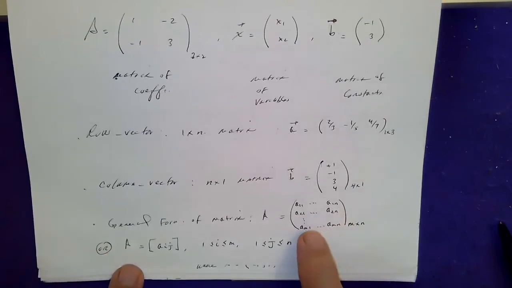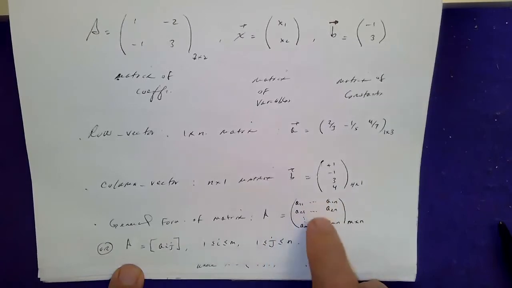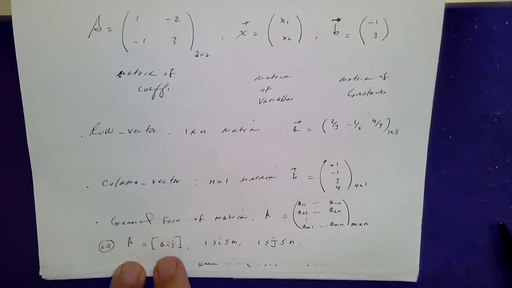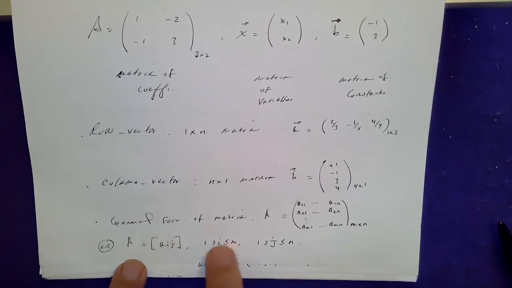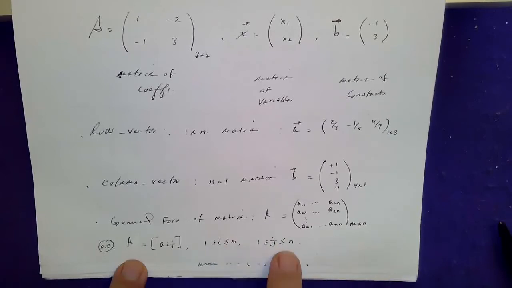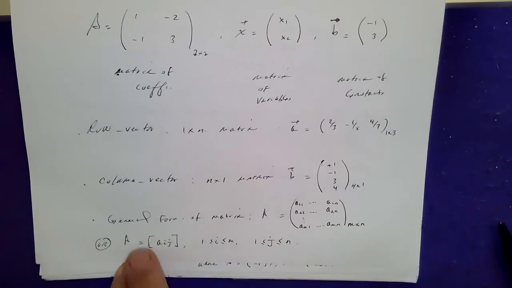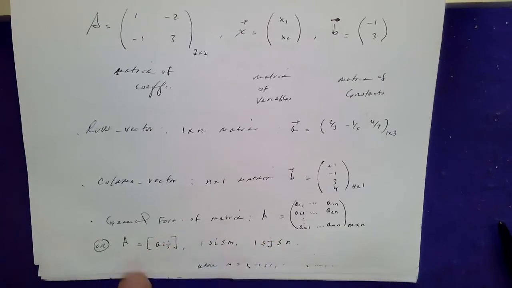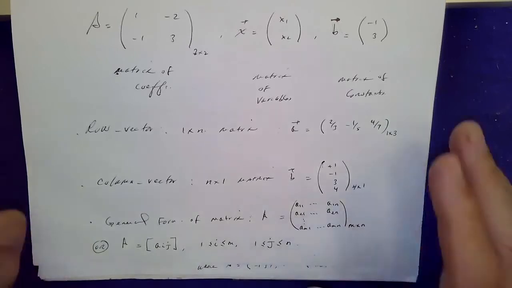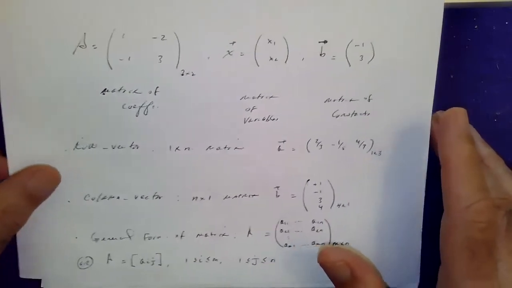Instead of listing all these elements, we just say we have a matrix whose elements are lowercase aij, where i goes from 1 to m and j goes from 1 to n. Remember, i represents the rows, j represents the columns. This kind of format is usually used when you're proving theorems in the matrix field.